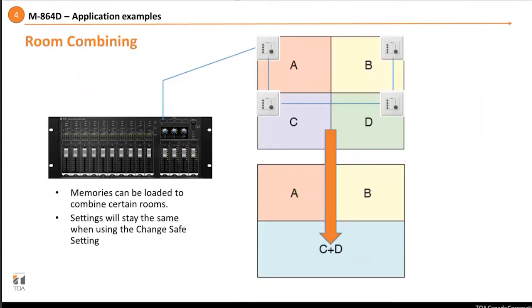We can also easily do room combining with the M-864. Those can be set up as scenes on the mixer to call up all kinds of different setups for your room combining. So we see the example on the top where we have 4 different rooms.